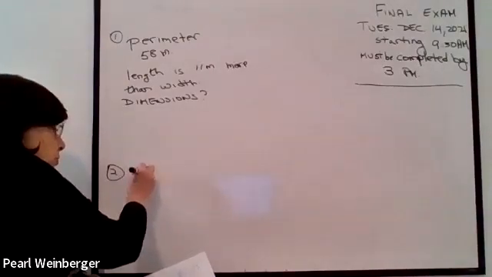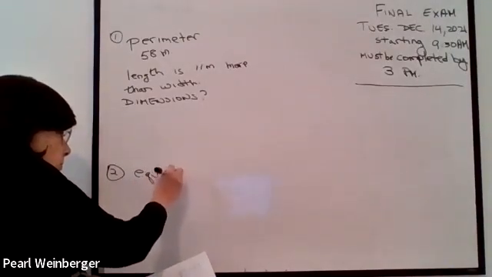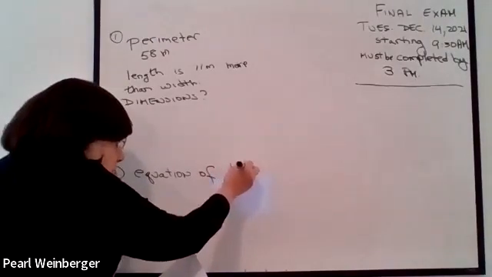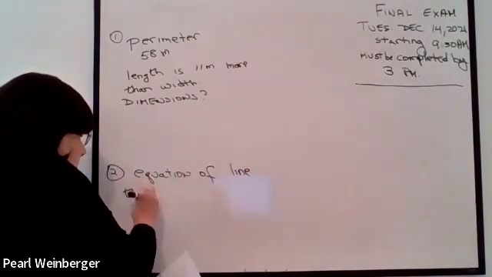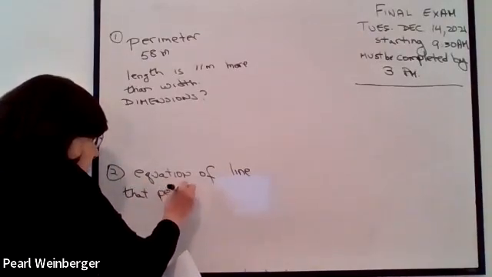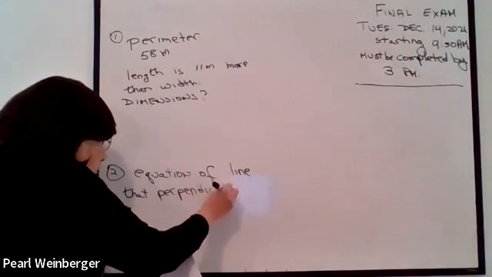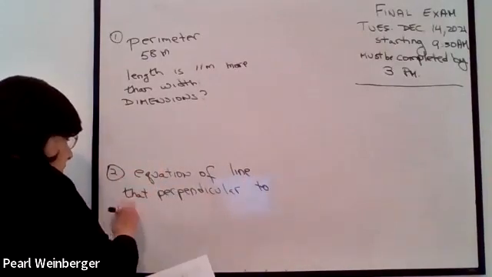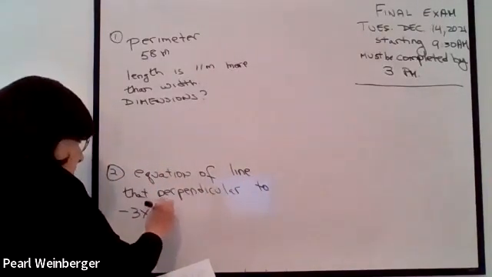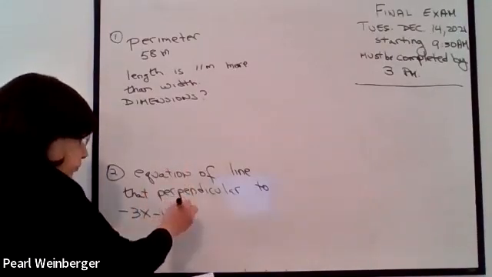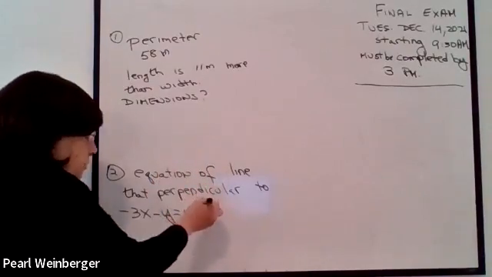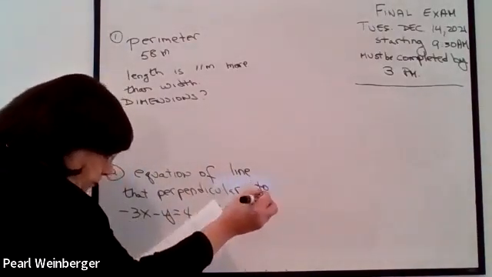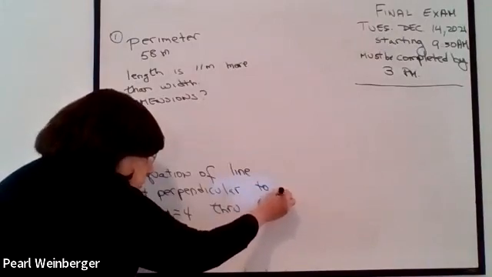I want you to write the equation of the line that is perpendicular to negative 3x minus y equals 4, and passes through the point 0, -7.